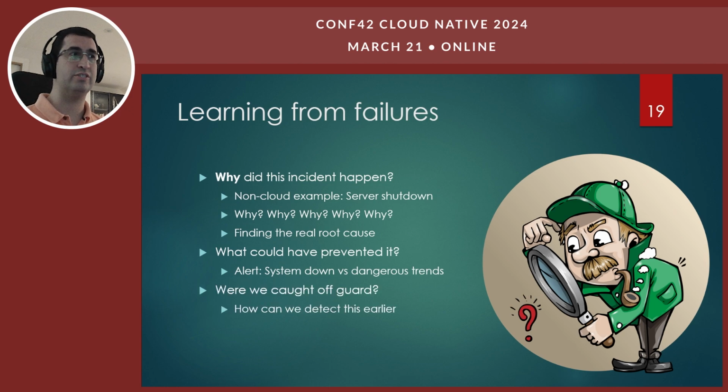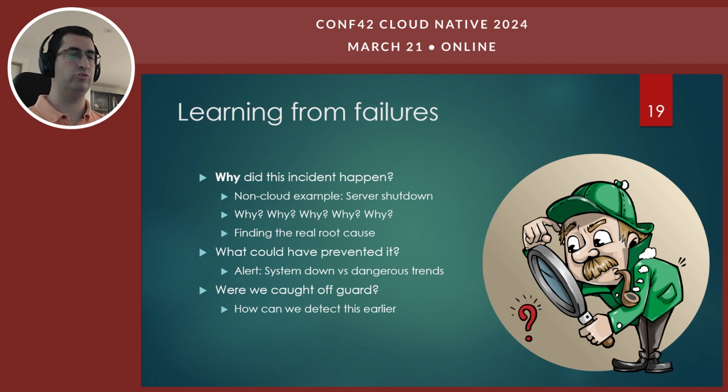We also have to understand what caught us off guard. How can we detect this earlier and so on? So every error, everything that happens that is significant enough to be a problem, I think it should be investigated and a plan should be made to improve it. We can improve, of course, the system itself, fix the bug, improve the scalability, and so on.